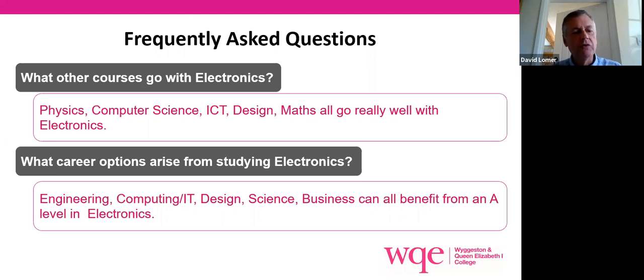And we have students who go on to all these areas, who've studied A-level electronics with us, although I would say the vast majority go into engineering or computing and IT. That seems to be the main destination of students.